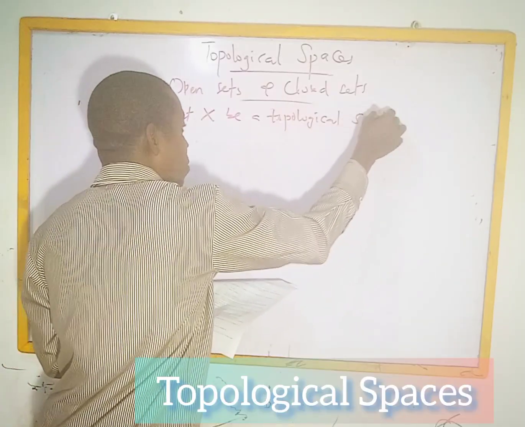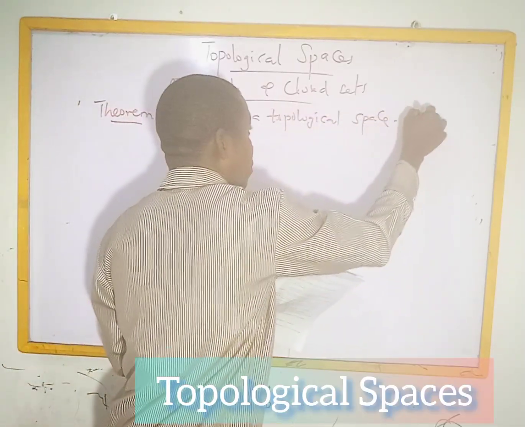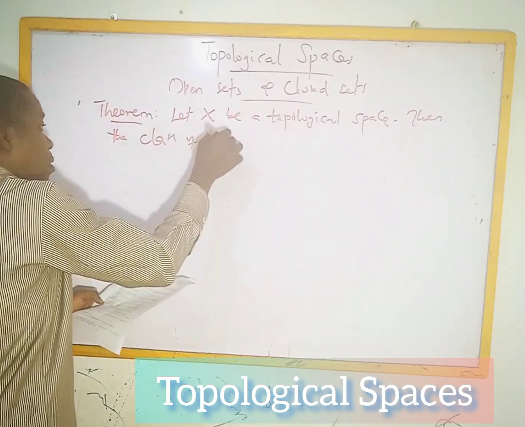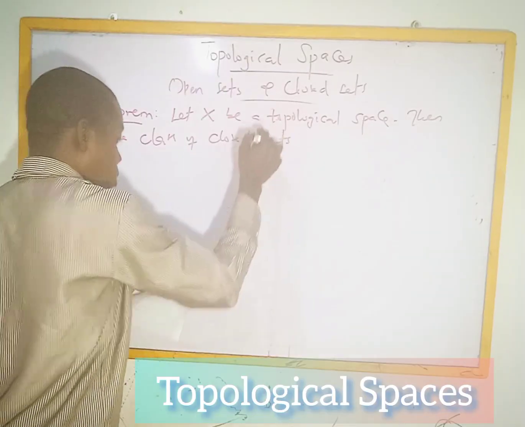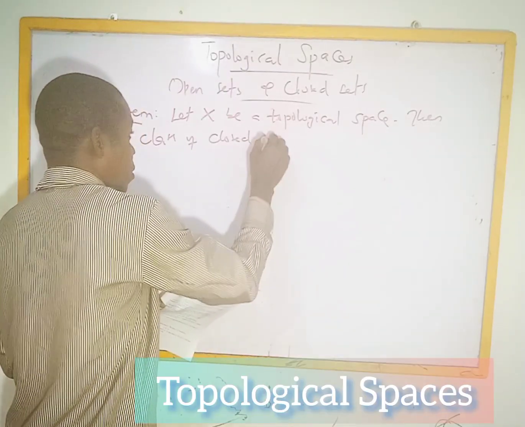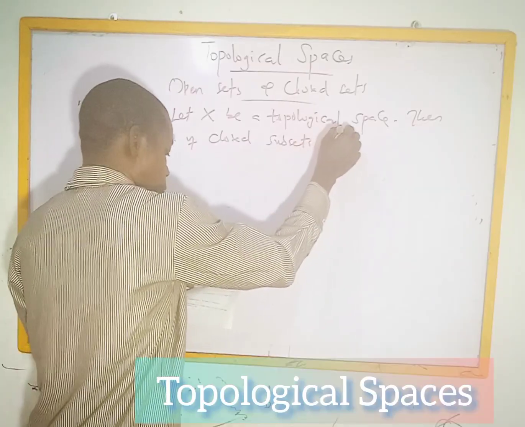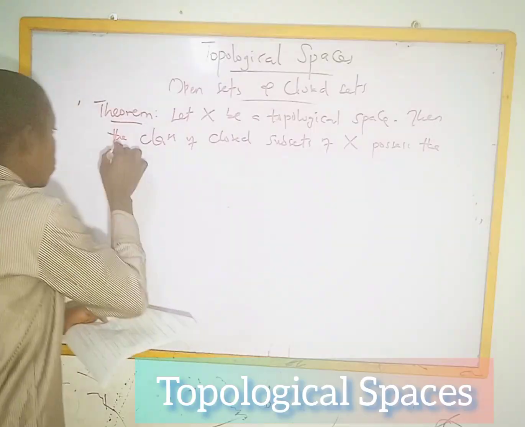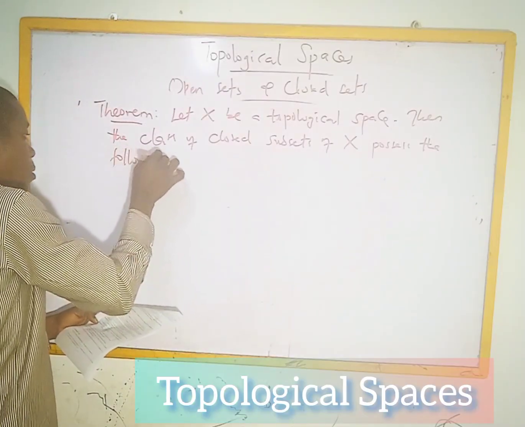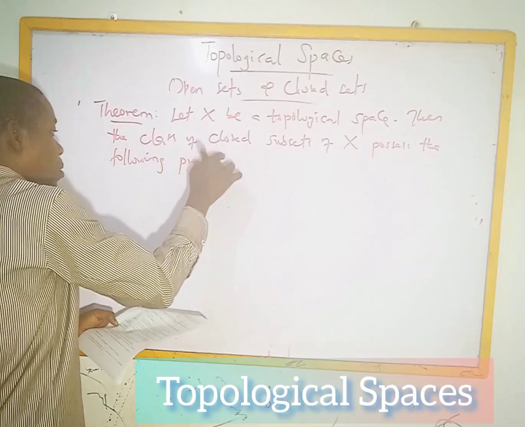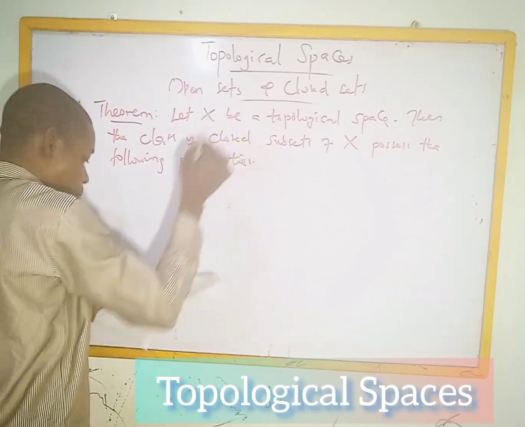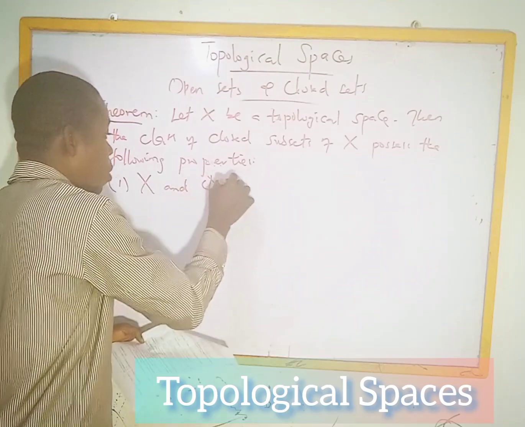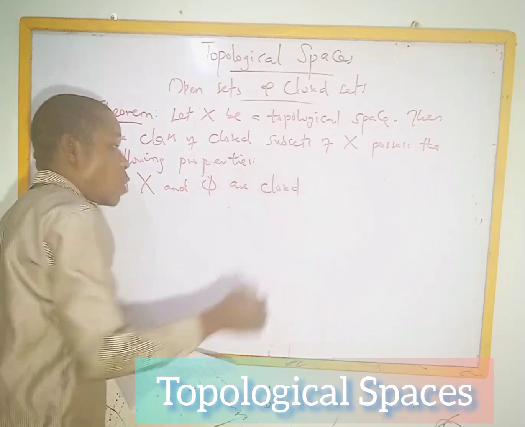Then the class of closed subsets of X possesses the following properties. Number one: X and the empty set are closed.